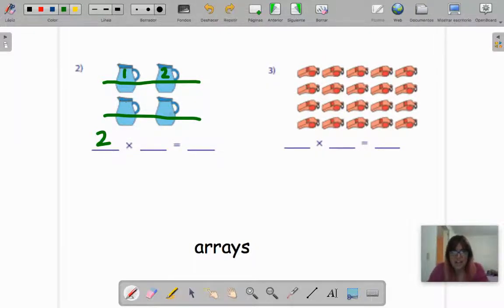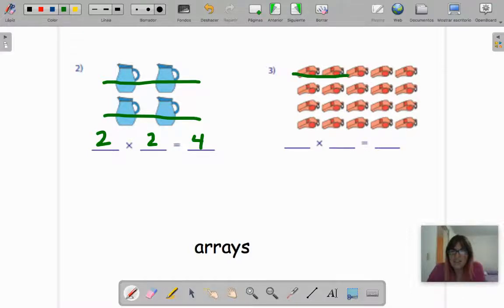In each line, we have 2. So that means we have 2 lines of 2. In one line, we have 2, and in the other line, we have 2. That's why we put 2 times 2. And in all, how many do we have? 4. Exactly.